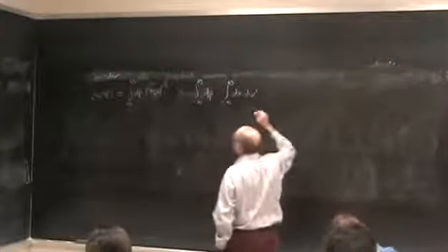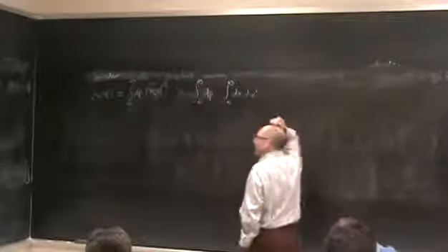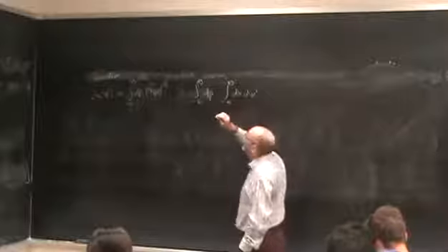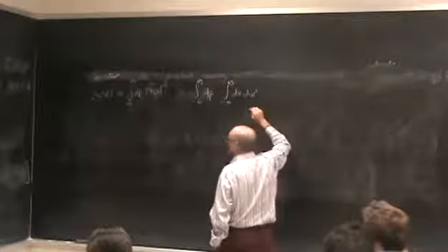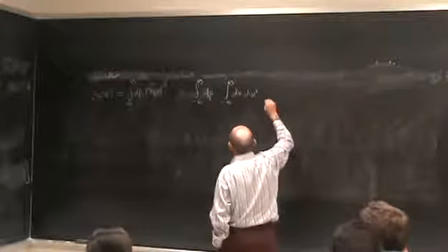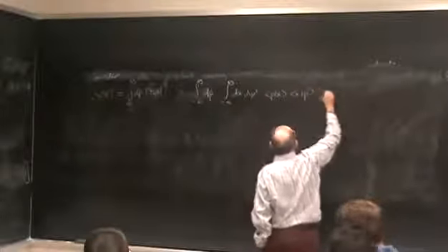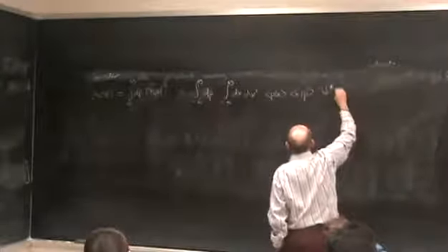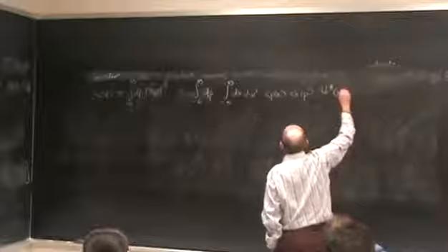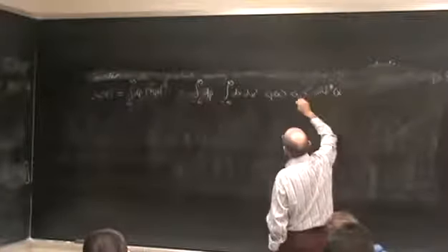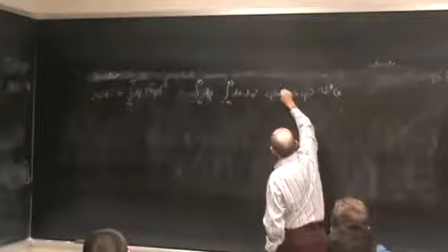I'm sorry. I realized where I was going with this, but I left out one important step. Let me just write this down and then I'll explain what I meant to do. So this is equal to the sum over px and then the conjugate, and there's a prime on one of these.